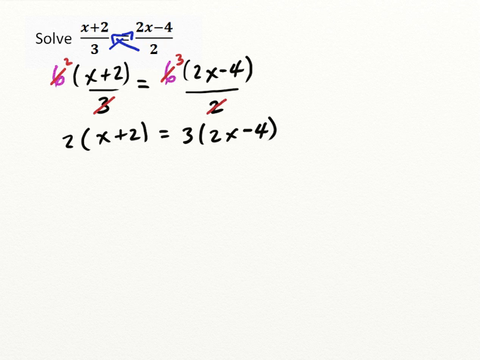So where do we go from here? Well, we've got a monomial times a binomial, so we're going to have to distribute these values into the brackets in order to help us solve for x. So 2x plus 4 equals 6x minus 12.